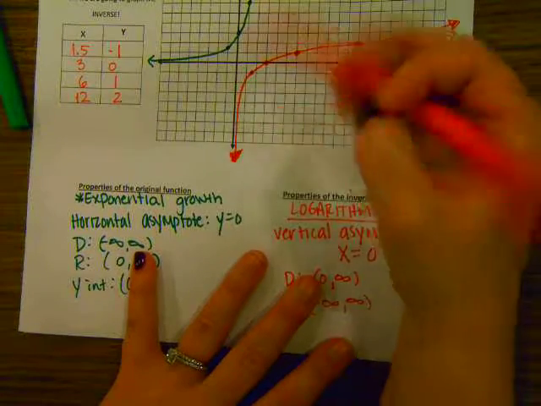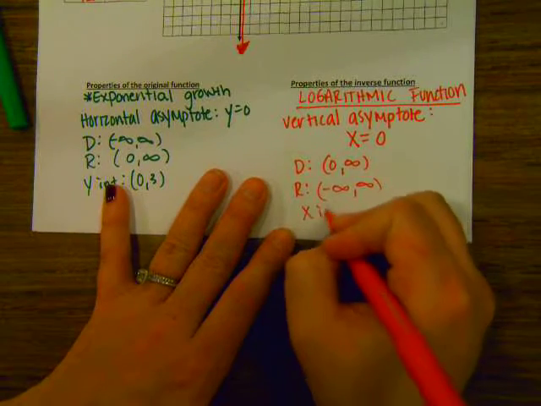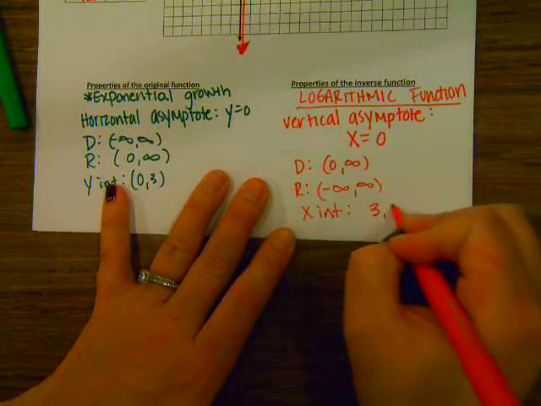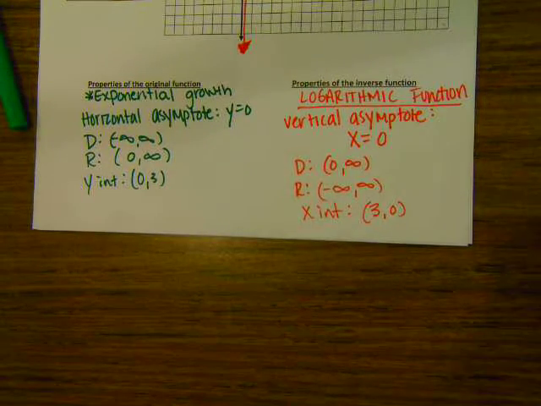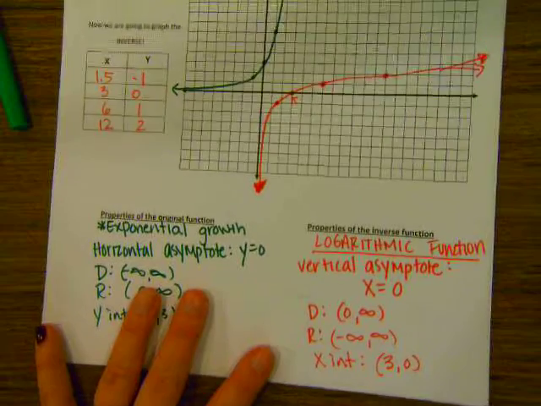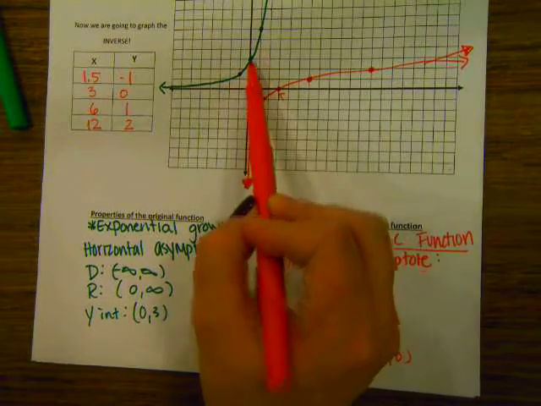And then look here. Instead of a y-intercept, it doesn't hit the y-axis, but look here. It has an x-intercept. And the x-intercept is at 3, which versus the exponential, the x-intercept, okay, didn't exist, and the y-intercept was 3.